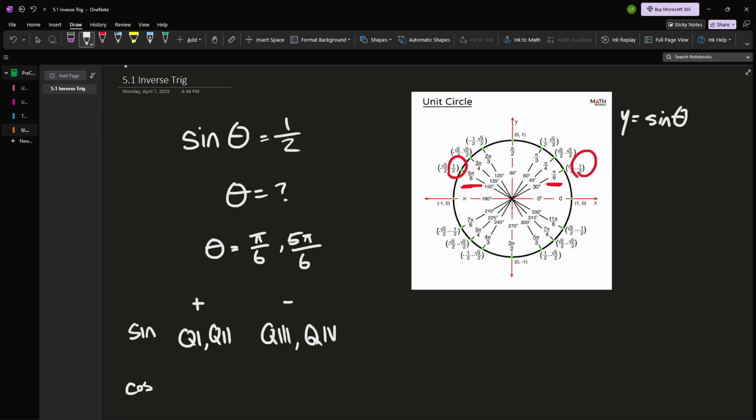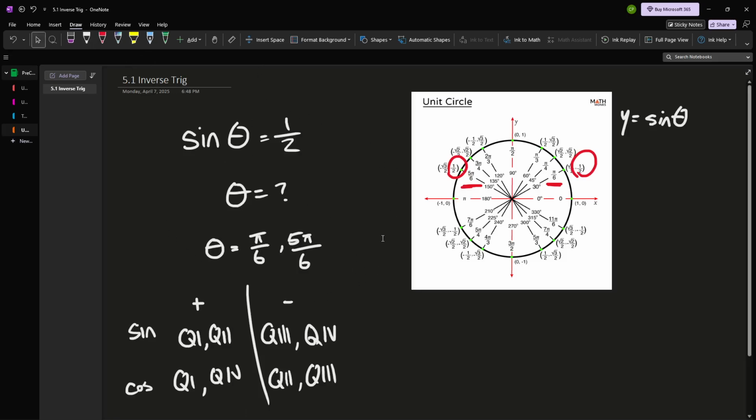Cosine is positive in quadrant 1 and quadrant 4, and is negative in quadrant 2 and quadrant 3. In a little bit, we'll talk about tangent, but we'll pause on this for now. You must know this table.